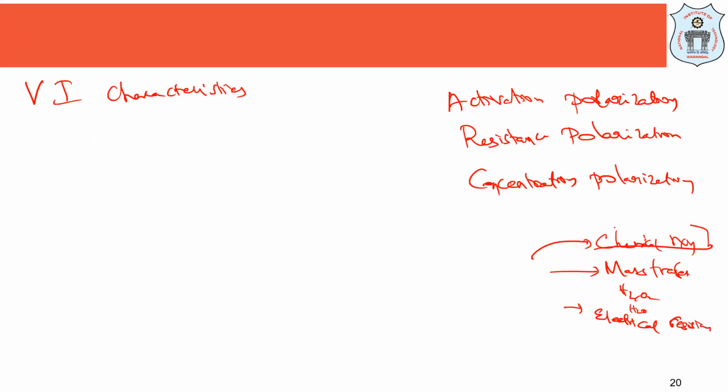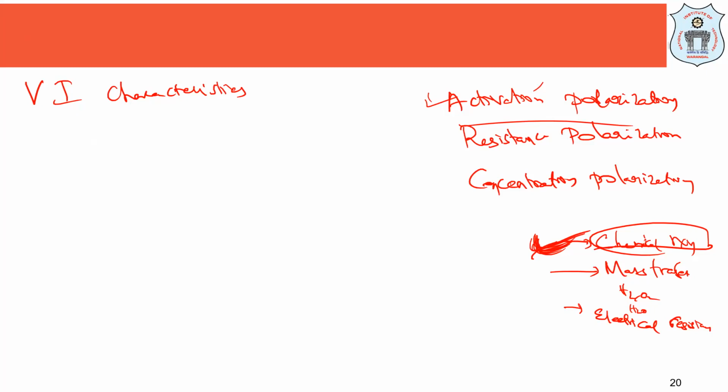So due to the chemical reaction, whatever change there is in the open circuit voltage is called activation polarization, which corresponds to the chemical reaction. Due to inefficiencies in the chemical reaction, polarization takes place. That is activation polarization.